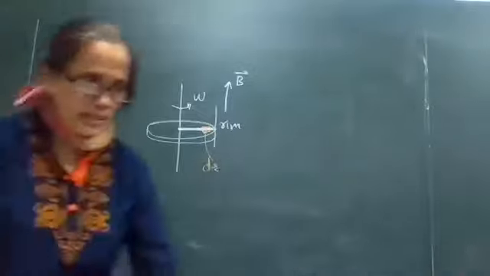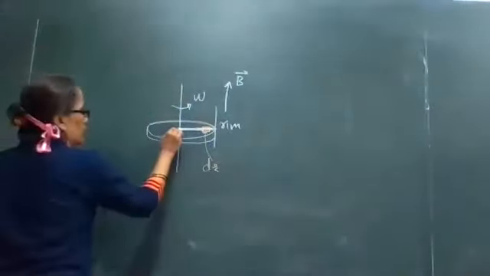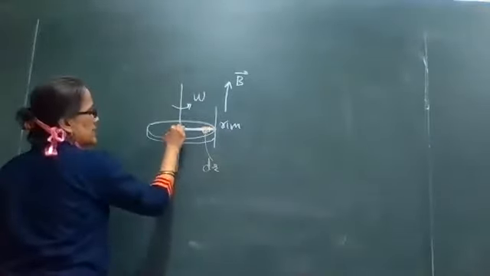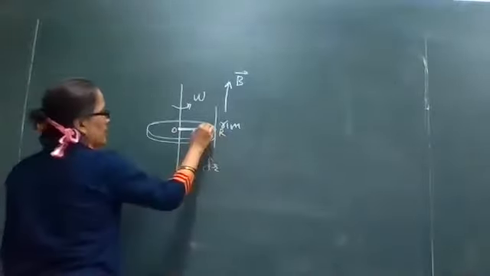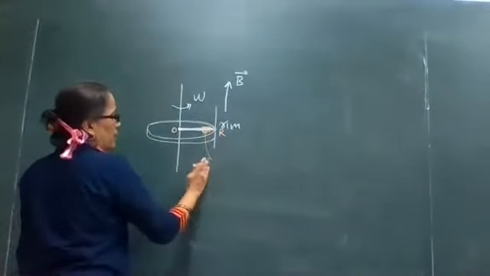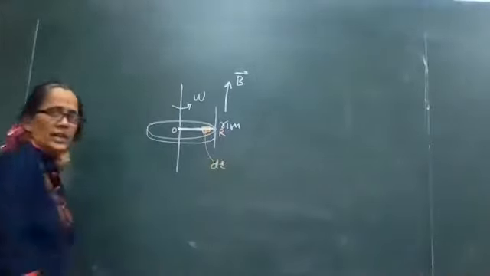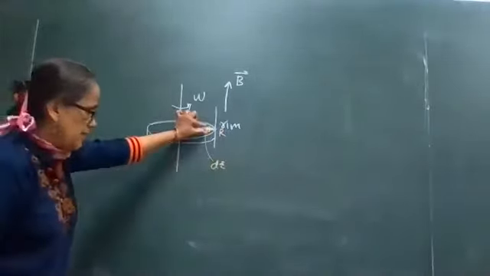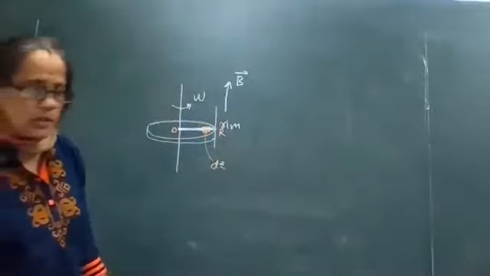This element is nothing but your dr. And now, the total distance from center up till rim is r. So this particular element is one of the elements at a distance of dr. Inside this element, whatever small EMF will be induced.